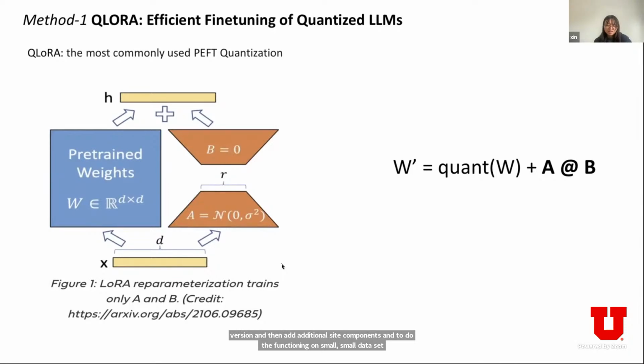Yes, I think the cost of QLoRa would be much less than LoRa because the pre-trained weight would be only a quarter of the original model size, but the training itself, I think, still costs.